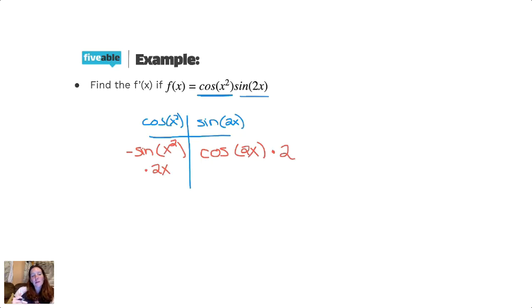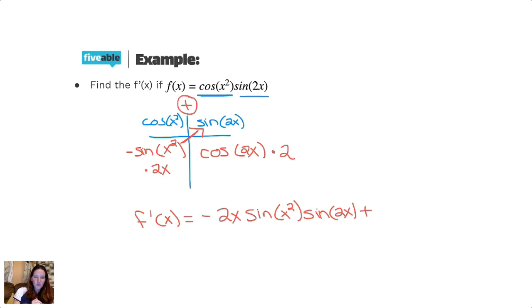So I've now set up for my product rule, right? I have my 2 functions, I have my 2 derivatives. So now I can set up my product rule to do my criss minus or criss plus cross, or you can say f prime of x times g of x, which is this one. So I'm going to clean it up a little bit as I go here. So f prime of x equals negative 2x, and then you have sine of x squared times sine of 2x. And then plus, right?